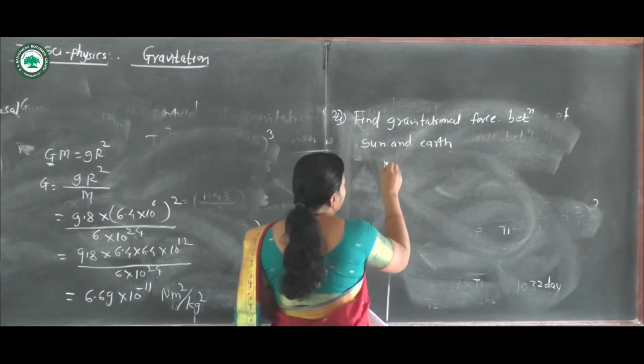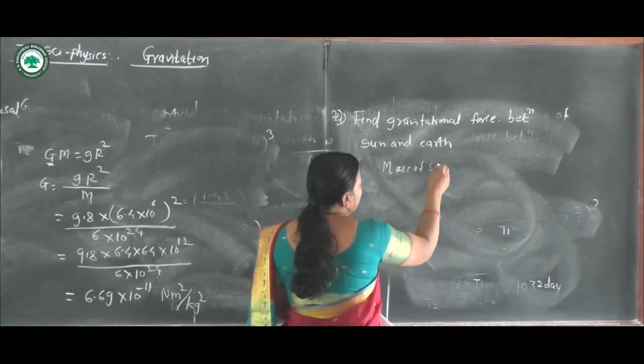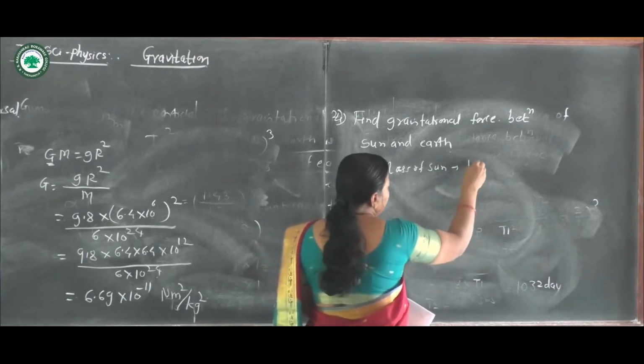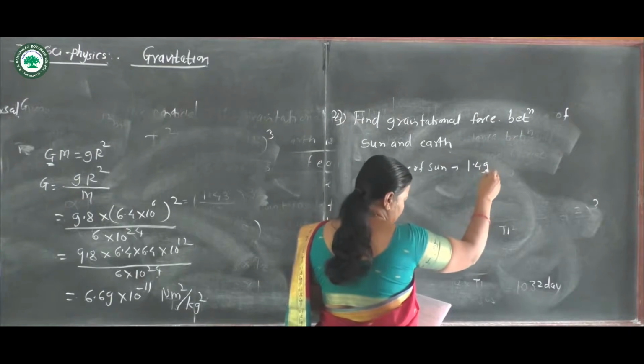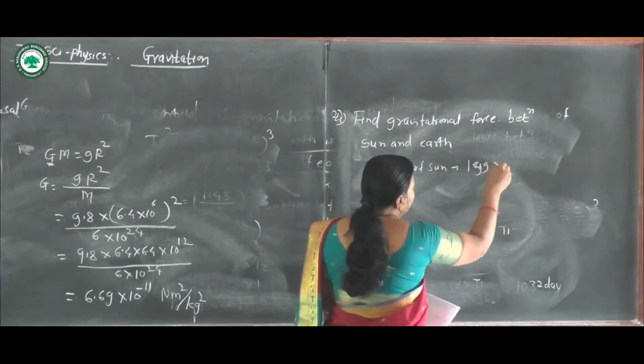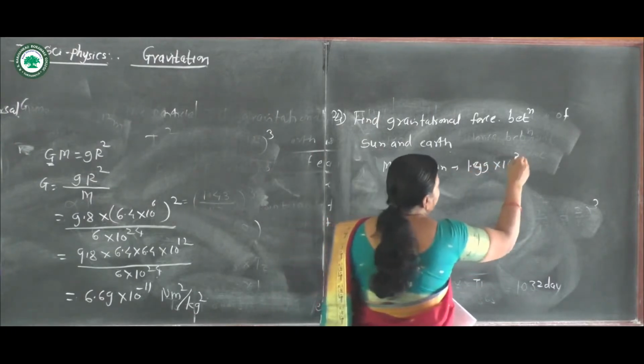Mass of Sun, it is 1.99 into 10 raised to 30 kg.